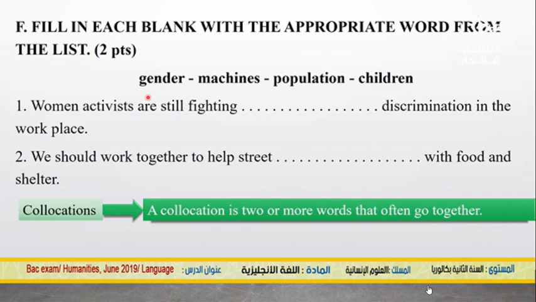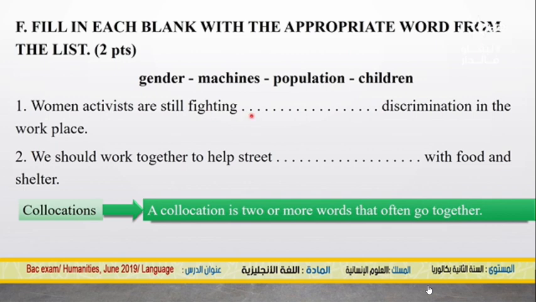So for number 1 here, let's read it. Women activists are still fighting gap discrimination in the workplace. Now we have gender, machines, population, and children. So my question to you is, which one of these collocates with fighting?